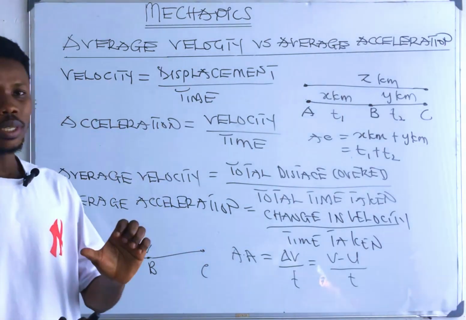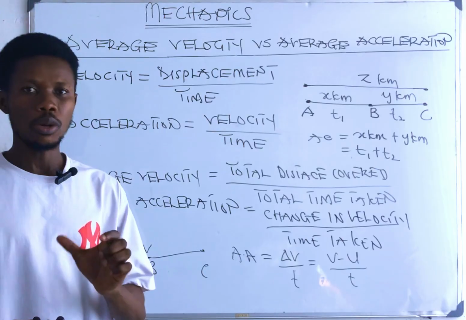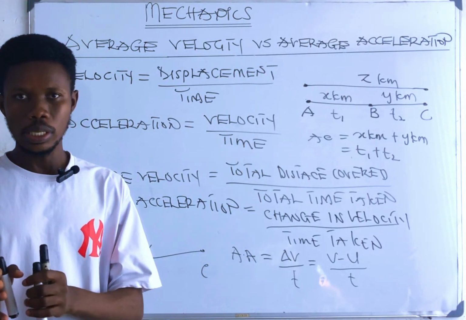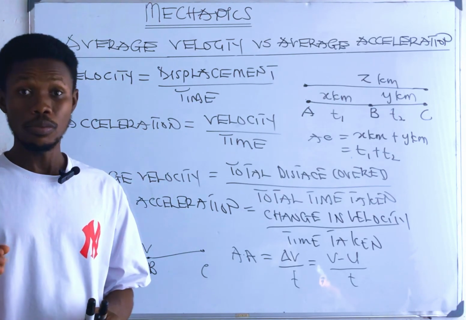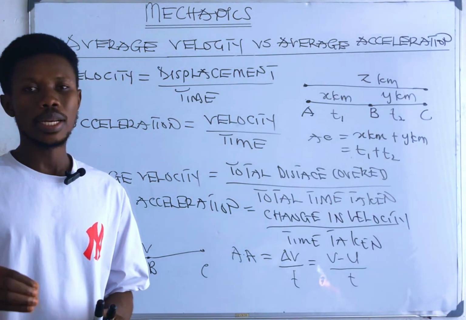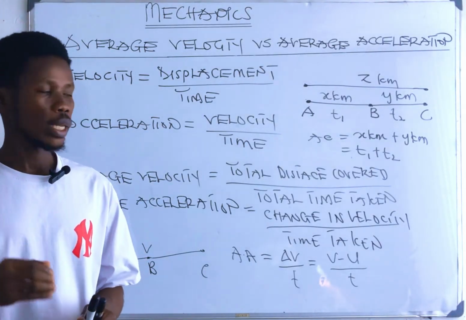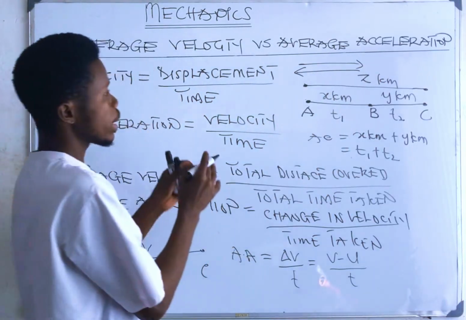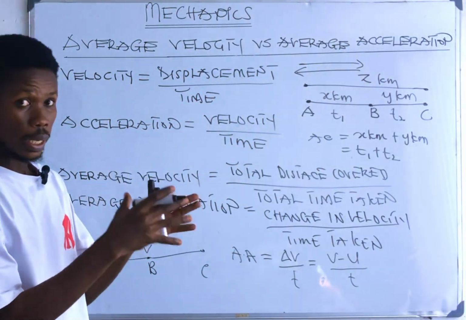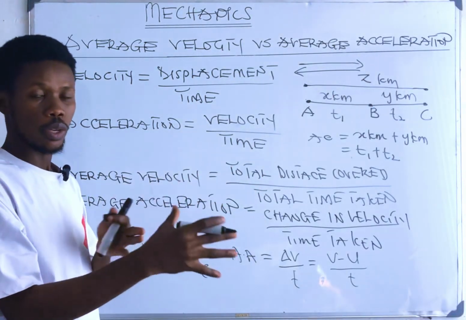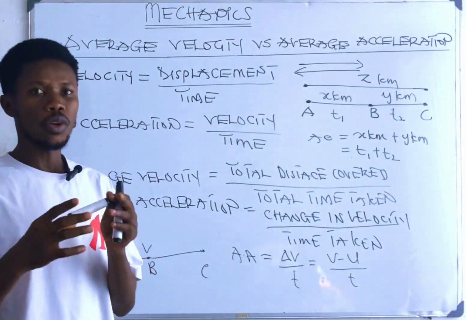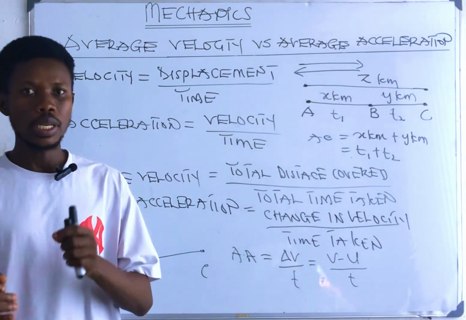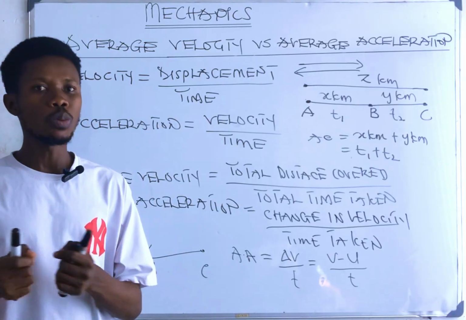So you should know the difference between deceleration and negative velocity. For negative velocity, it means that the car is moving in the opposite direction. So let's say one car is moving this way and the other car will be moving this way. That is velocity that is negative, right? When you work out a velocity and you get negative and you are asked to interpret, it means that the object is moving in the opposite direction.